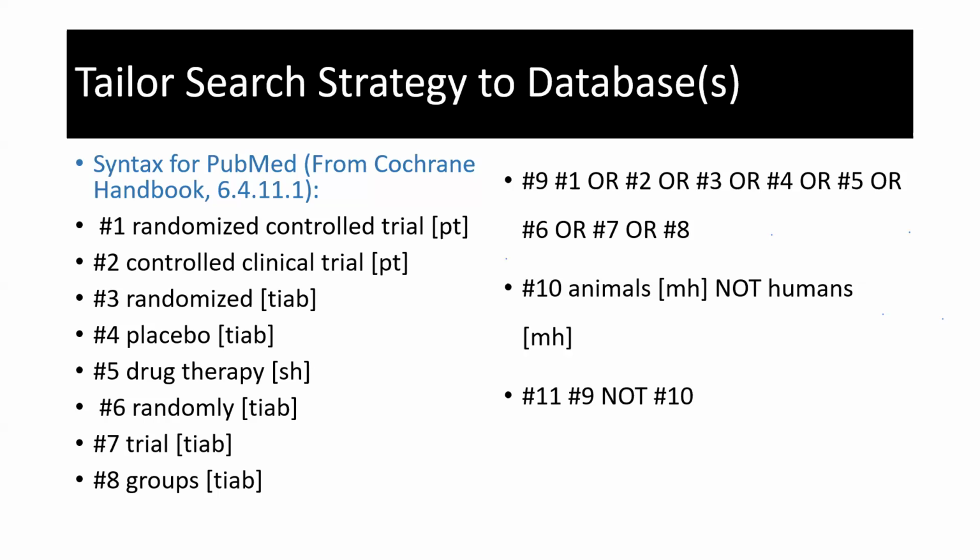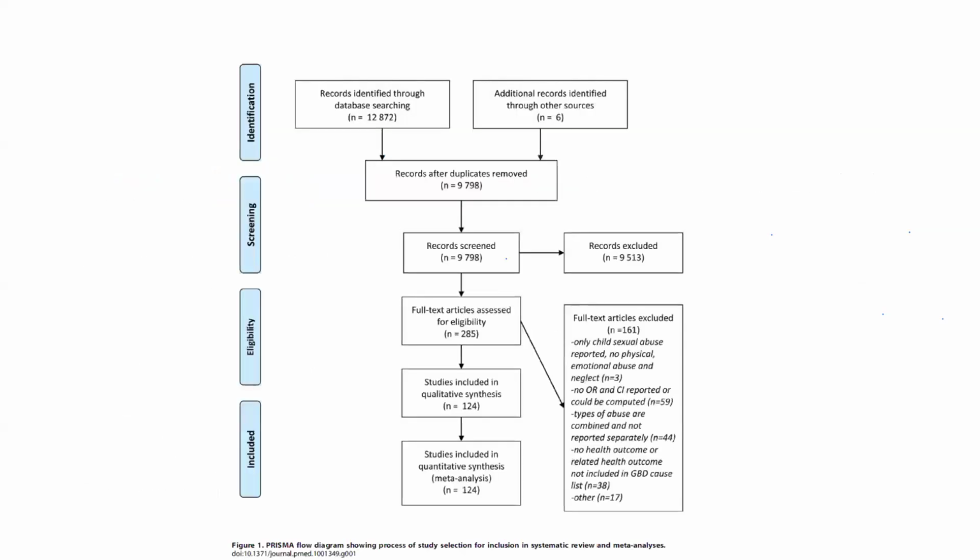And then 11 and 9, not the 10. So we finish with that. We are not going to have the randomized controlled trials which include humans. We're only going to get trials on animals, according to whatever we want to do in the study, and they will have all these elements in there. So this is the PRISMA.